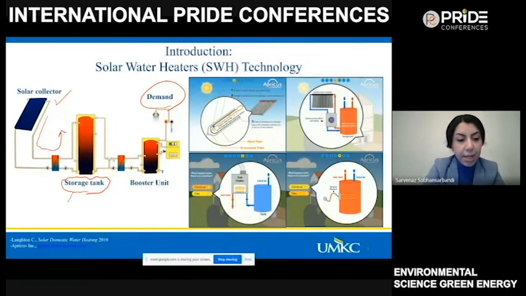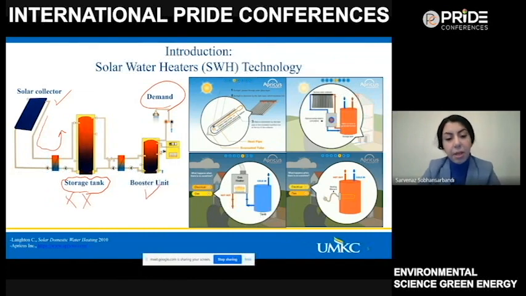However, even well-insulated storage tanks will eventually lose this heat. So whenever you would like to use this water, let's say 7 or 8 hours after the sun is gone, your storage tank may not have the temperature that you're looking for.